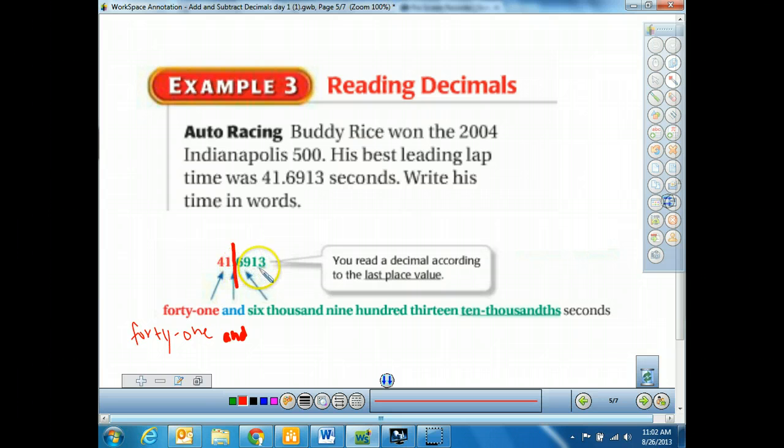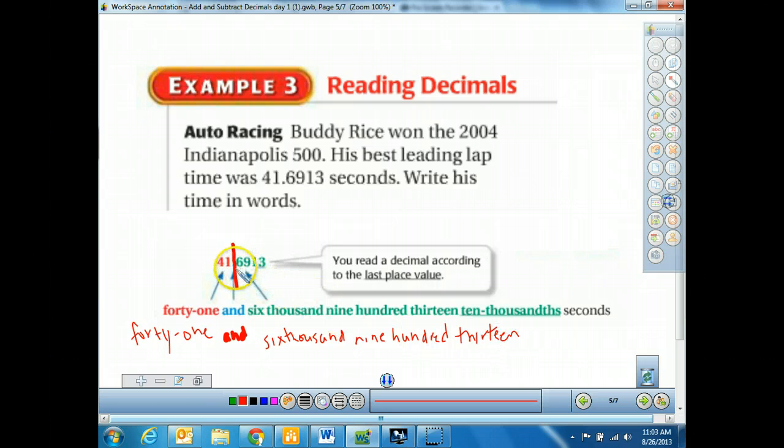I write this just as I would say it if it was a whole number. This would be 6,913. So I write 6,913.